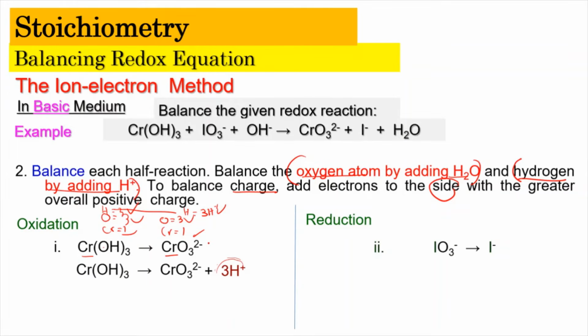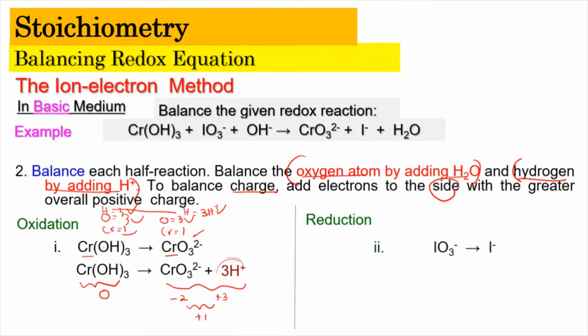Now we're going to check the charge. On the left hand side, the charge is 0, because there is no charge. In here, you have negative 2 and 3 times positive 1 for H, which is plus 3. So overall, it has a charge of plus 1.